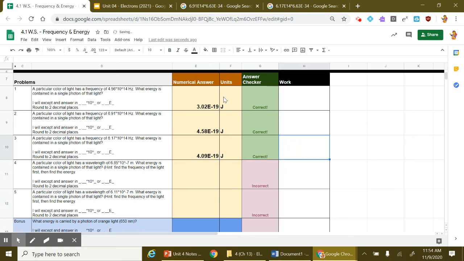That's correct. Now, guys, the reason why we keep getting approximately the same energy, all in the 10 to the negative 19th range, is because we're only dealing with visible light waves, which is a very small part of the electromagnetic spectrum. If we were to do, say, gamma radiation, which has a much, much higher frequency, you would see the energy also go up.